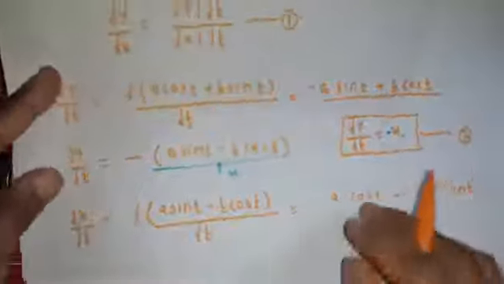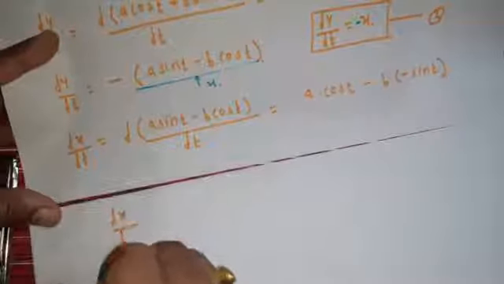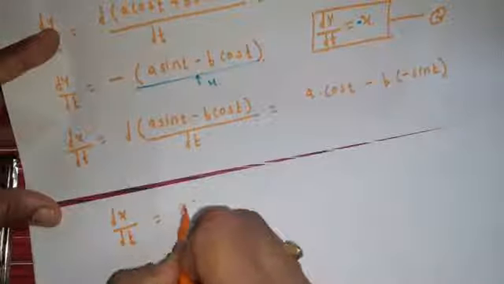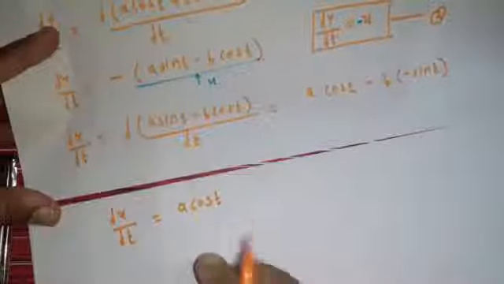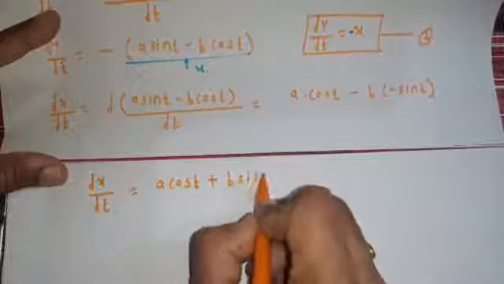Therefore dx by dt equal to a cos of t, minus becomes plus, and that is b sin of t.